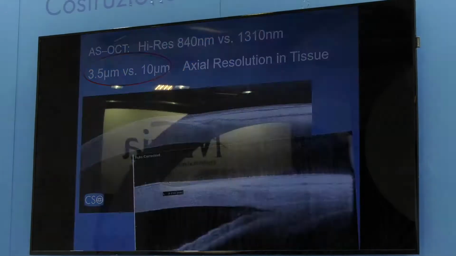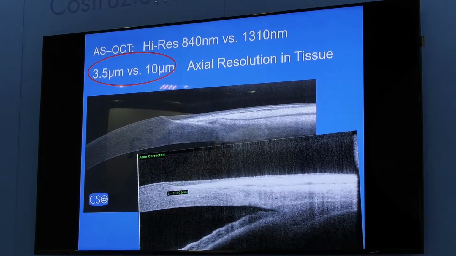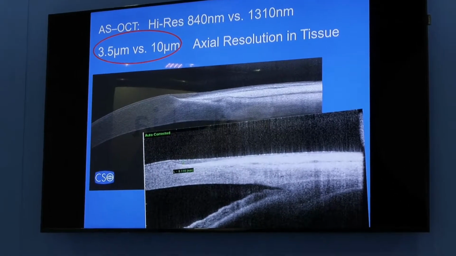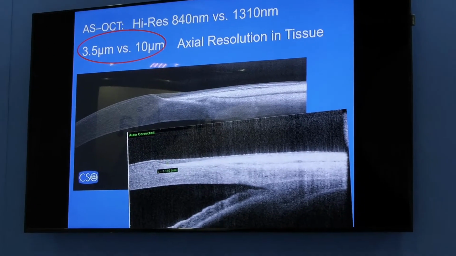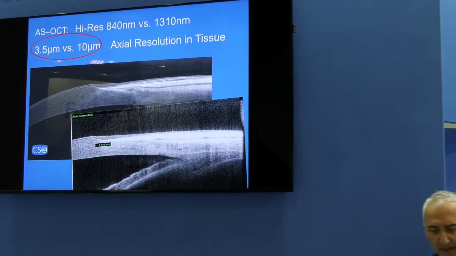If we compare with the 1300, a very good instrument that allowed us to obtain, at the limbus area after a biopsy for limbal transplantation, this is the area.